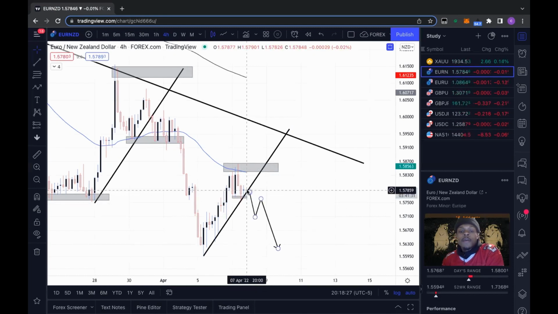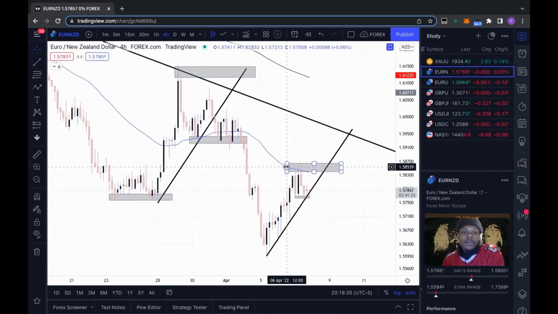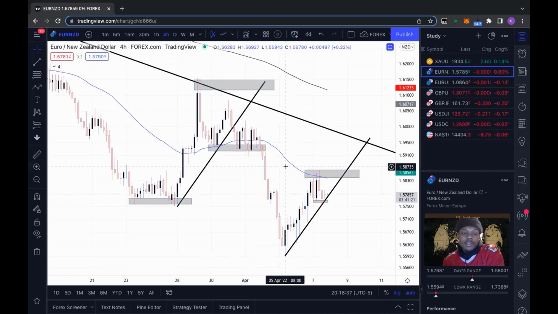So if the market was to make this type of move, then that is when we will consider this a breakup structure. So let me do this real quick.